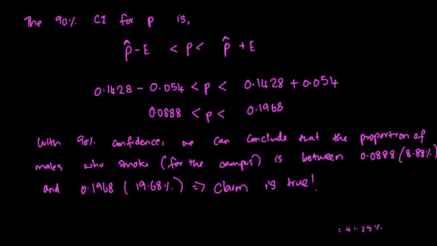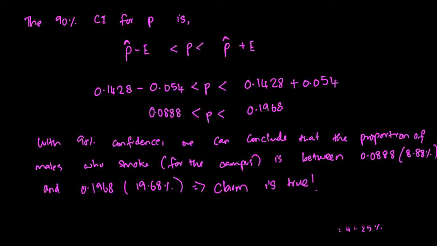And you should also remember that instead of finding an interval, one can also perform a test for this given problem. And the test that is equivalent to a confidence interval is a two-tailed hypothesis test. And that is how you find the confidence interval for population proportion using the manual approach.